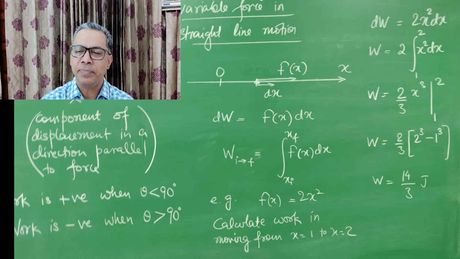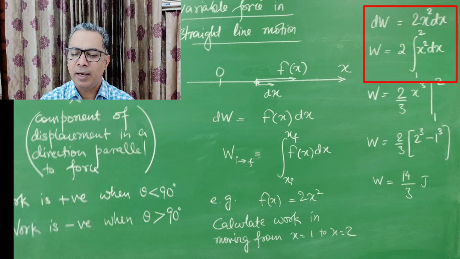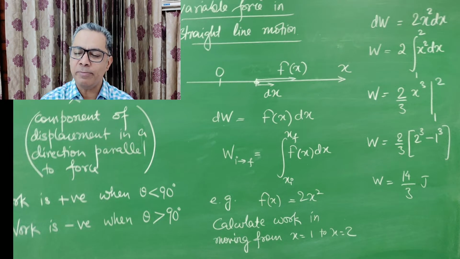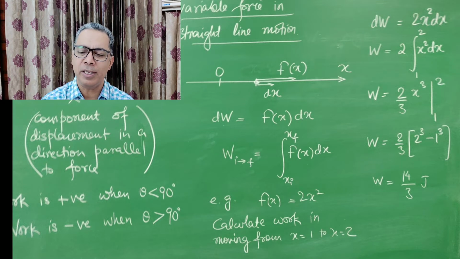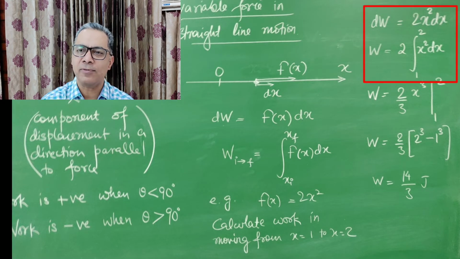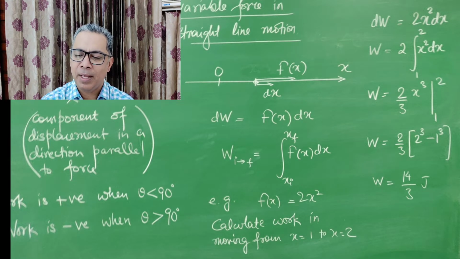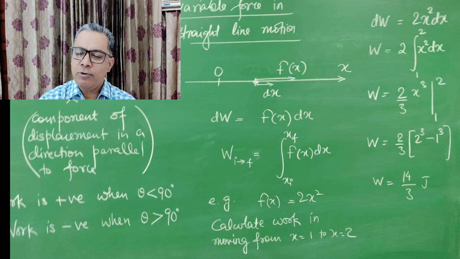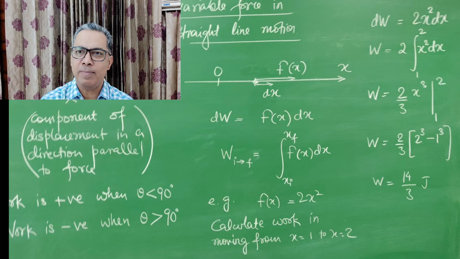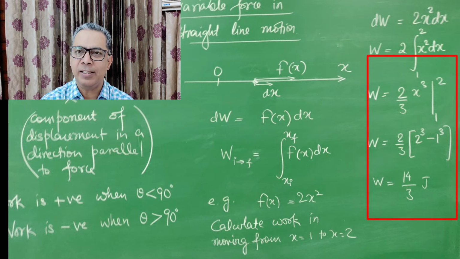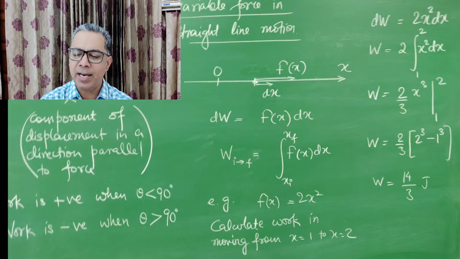W is the integral of the same quantity. So 2 comes out of the integral being constant, and you integrate x squared dx from 1 to 2, which gives you 2x cubed by 3. Limits being 1 to 2, you substitute those limits and you end up with 14 by 3 joule, and that's the final amount of work that you get.